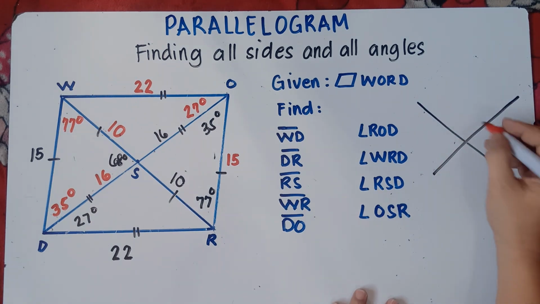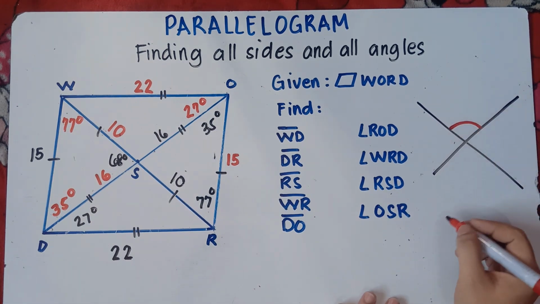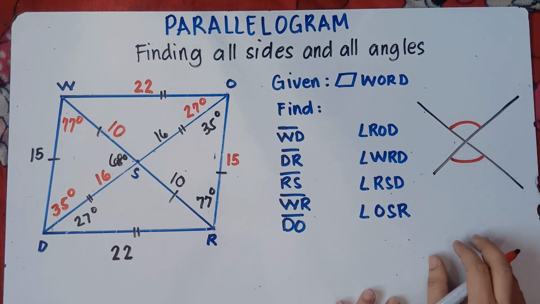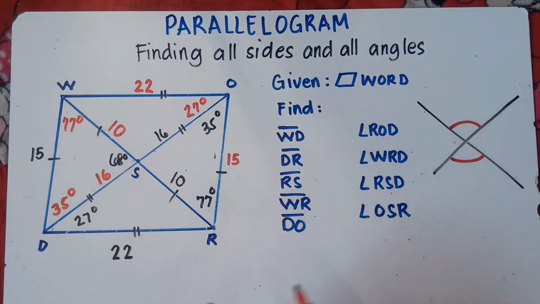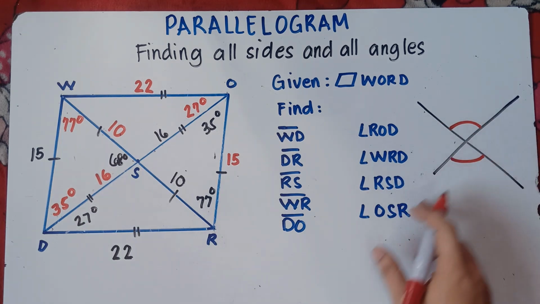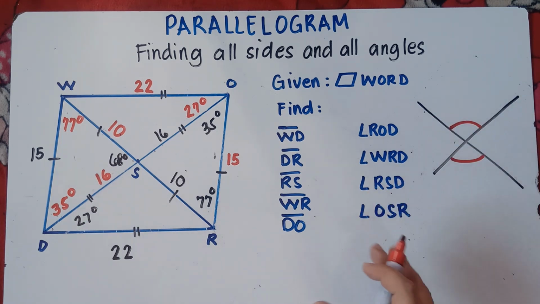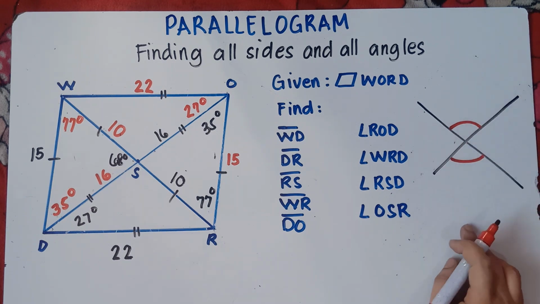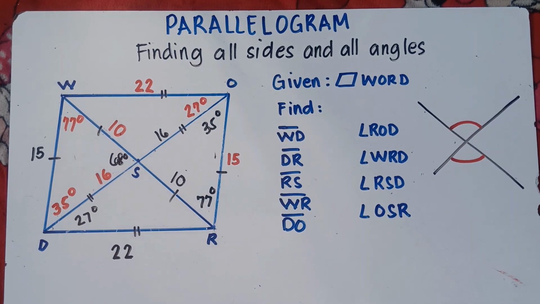Therefore, we can say that this angle right here is congruent to this angle. That's automatic, class. If you have two intersecting lines and they form an X, automatic, vertical angles are congruent.